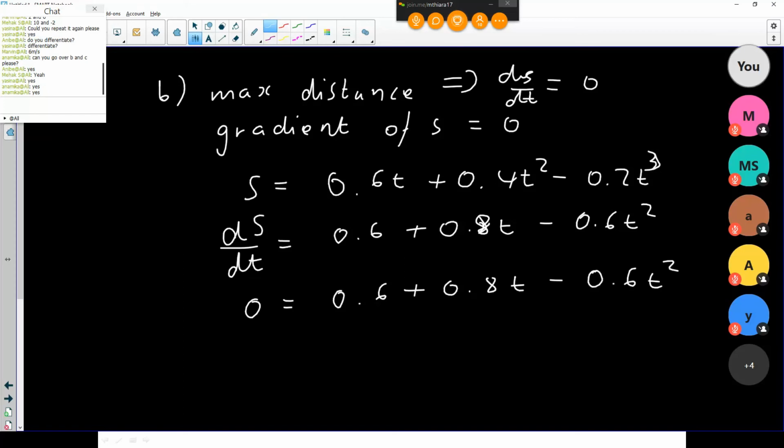And now you solve this quadratic, and once you've done that, please give me your t values in the chat box. Again, if there are any questions, please type in the chat box if anything that I've said so far doesn't make sense.